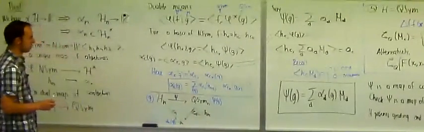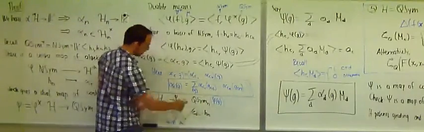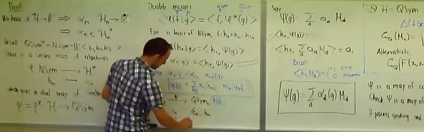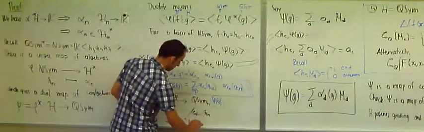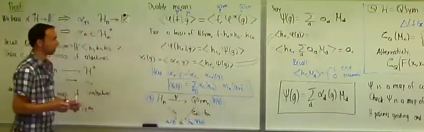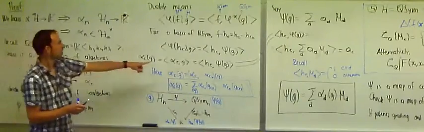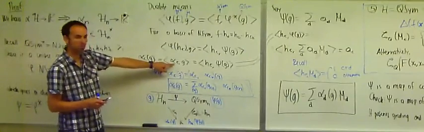Okay? And so when I take G to phi of G and I map it over here, I'm going to get Hn of phi of G, which is this, right? It's exactly this equation.